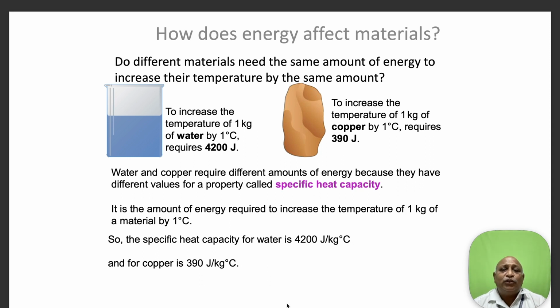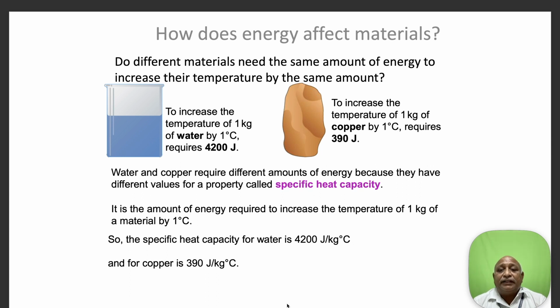For this, I have taken two examples. One example is water taken in a beaker, and the second is 1 kg of copper. These are two different materials: water, which is in liquid state, and copper, a metal, which is in solid state. These two materials need some amount of energy to increase their temperature by the same amount.